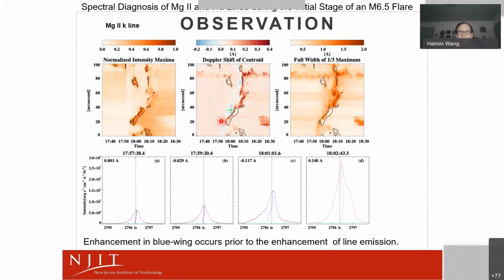Then when energy accumulated enough, it has an evaporation, then you're going to have a blue shift. And in a couple of events, not only this one, some other authors published it as well, you actually have three components. One is you start with a blue shift, and then red shift, that's electrons coming down. And finally, you have the evaporation, that's blue shift again.